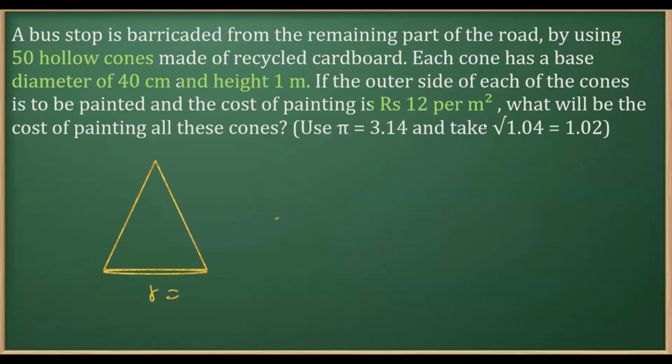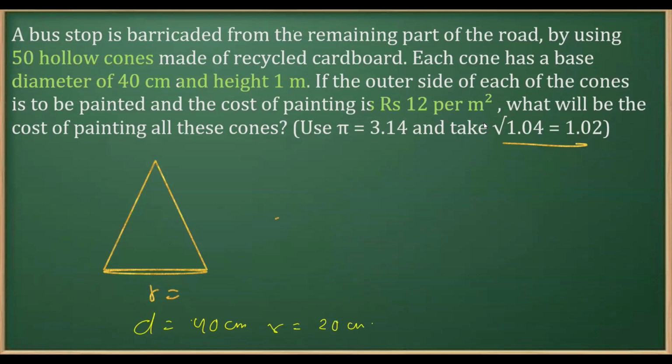Well, radius, we see we have different units here. One is in meter and one is centimeter. Moreover, you can see that some values are given in decimal. So it gives an idea that we should go for finding in meter. All right. So we will write the radius. Diameter is 40 centimeter. Right. So that means radius is 20 centimeter.